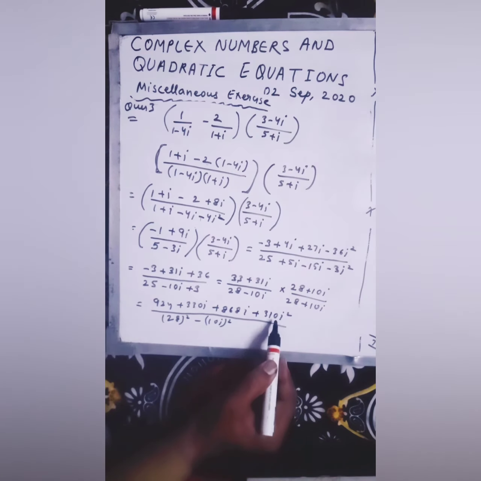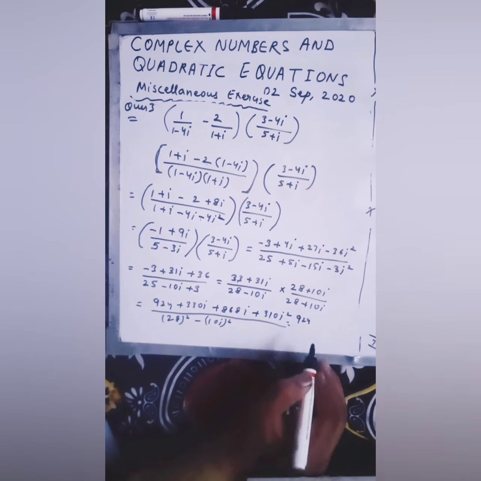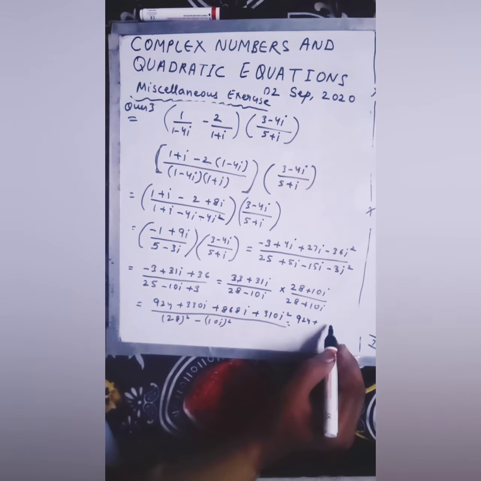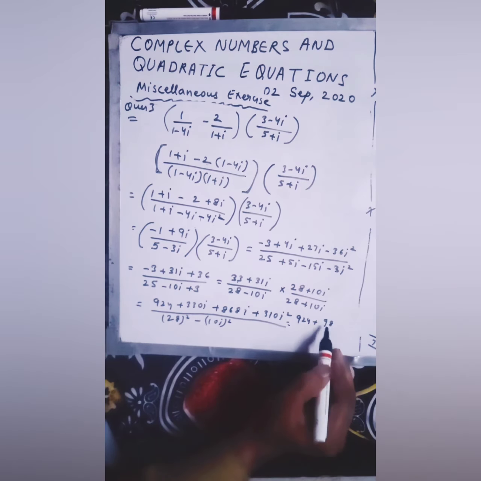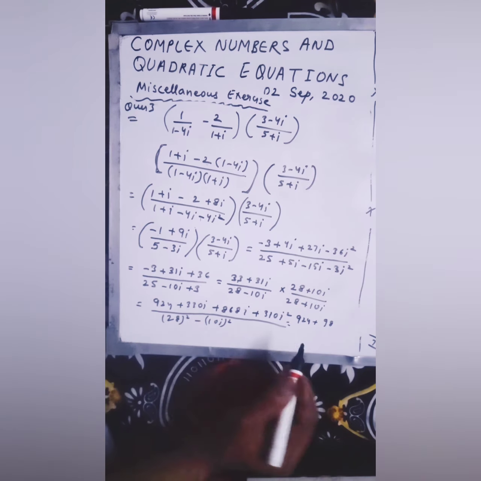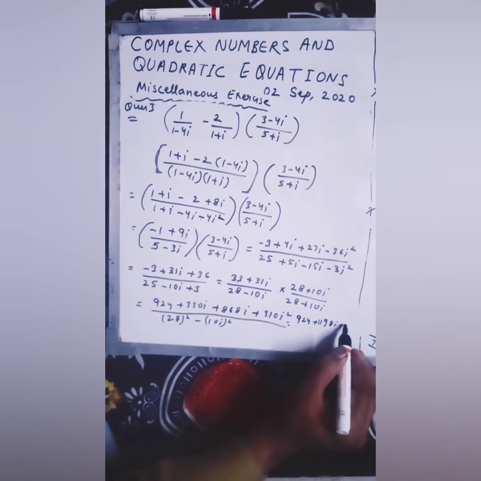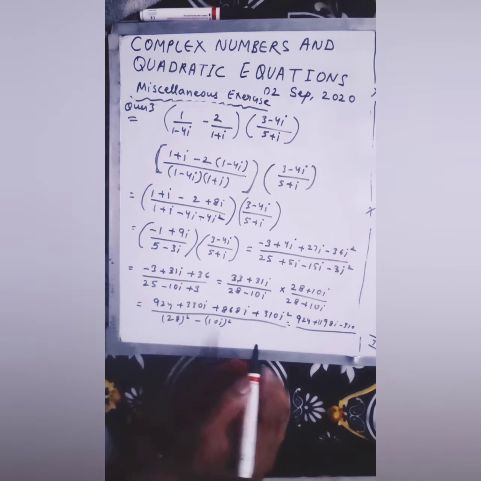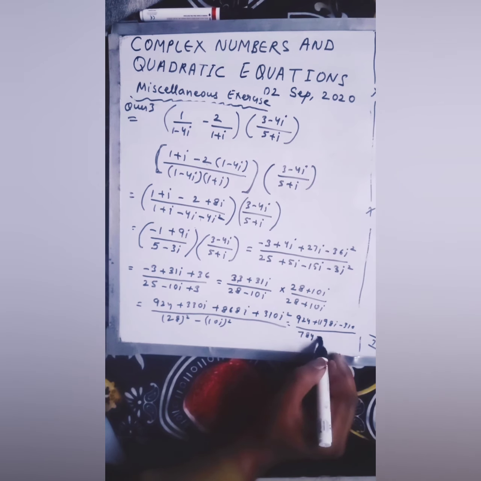Now here I'm writing, it would be 924, plus, now you can add these two, it would be 1198 iota. And at last you will get minus 310 over 28 square, that would be 784 minus 100 iota square.